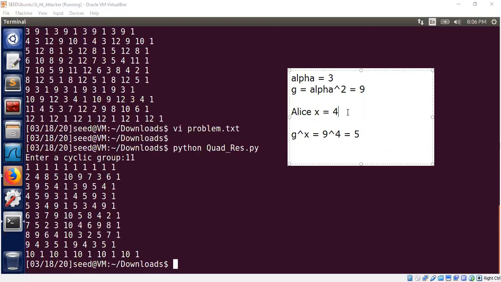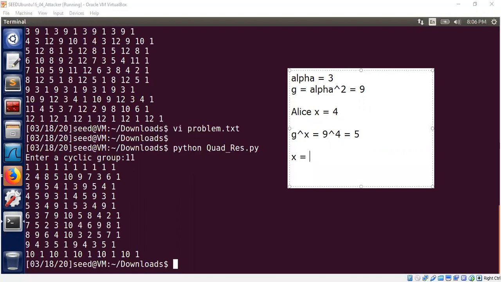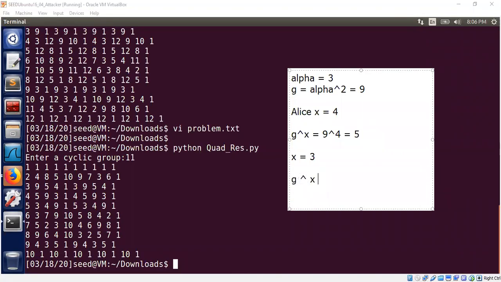Well, what if we change the x to be something more interesting? Let's say x to be, say, an odd number like 3. What is now G power x, which is 9 power 3, right? What is 9 power 3? Again, we can go to the table and look at 9 power 3. 9 power 3 is basically 3, which is still an even number, because 3 is part of the second column.